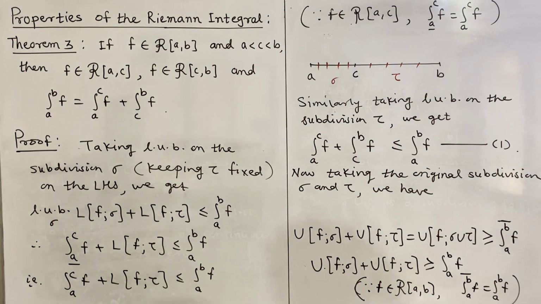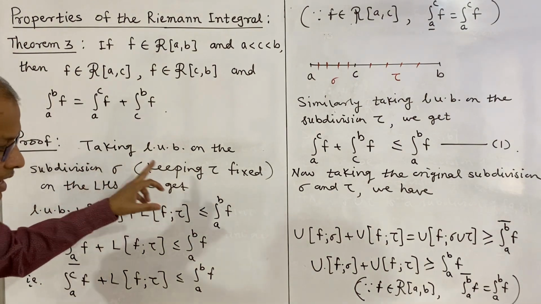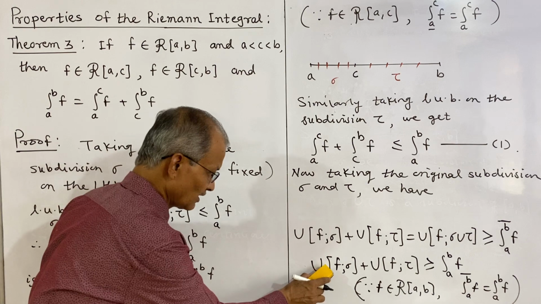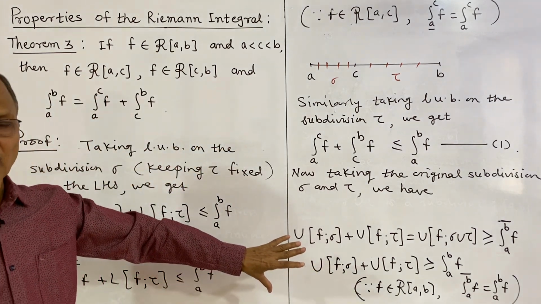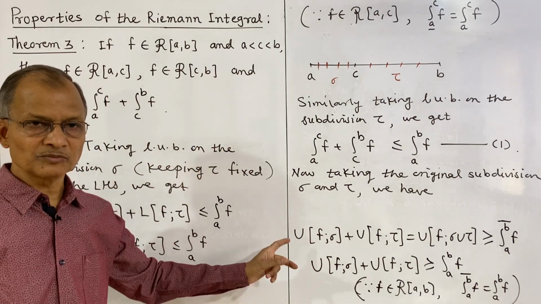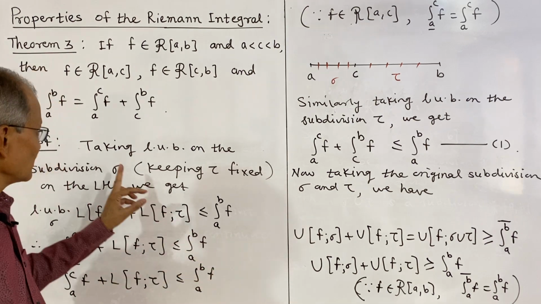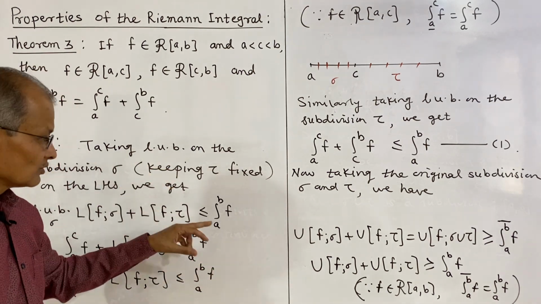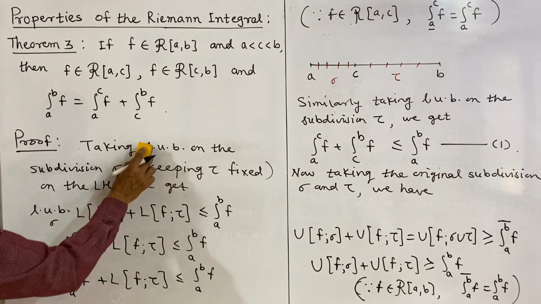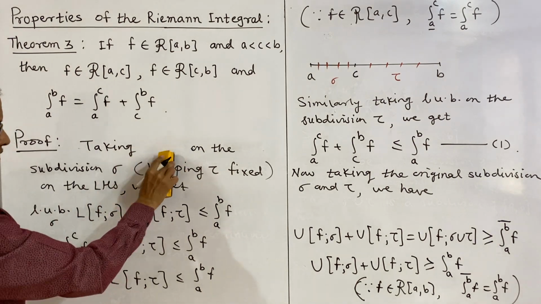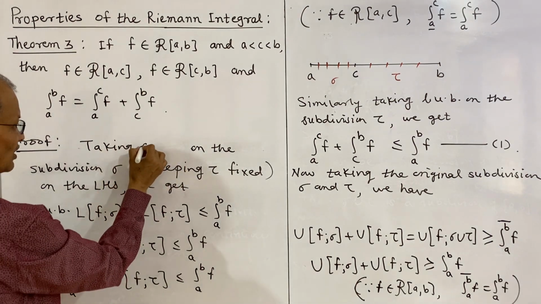And so now what we should consider is taking the GLB of this. We have defined the upper integral in terms of GLB of upper sum, and the lower integral in terms of LUB of lower sum. So for upper sum we have to take the GLB, greatest lower bound; LUB and GLB are short forms for these.